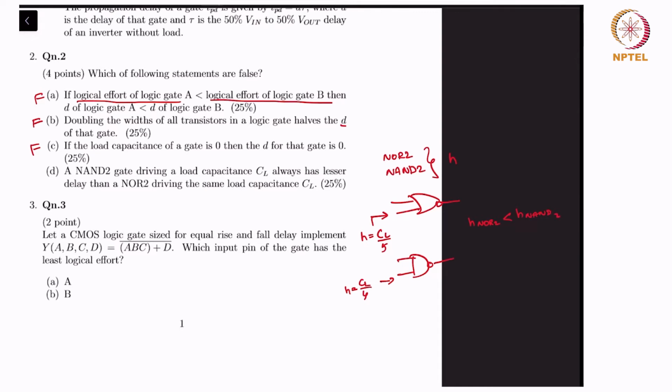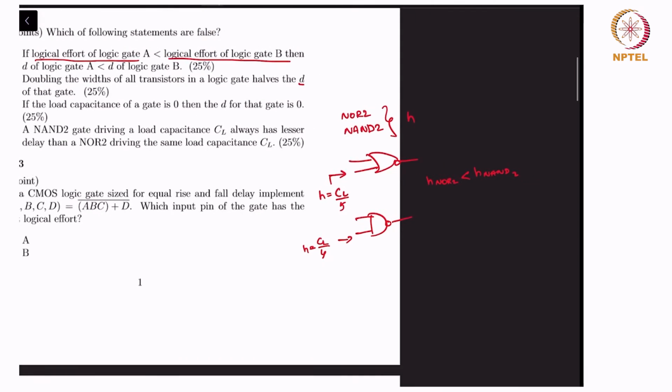But it could be that CL is 0, but again, the question statement says always, so we'll have to assume the most general case, right? So even in the most general case, H of NOR 2 is less than H of NAND 2 if they are both driving the same CL as the question states.